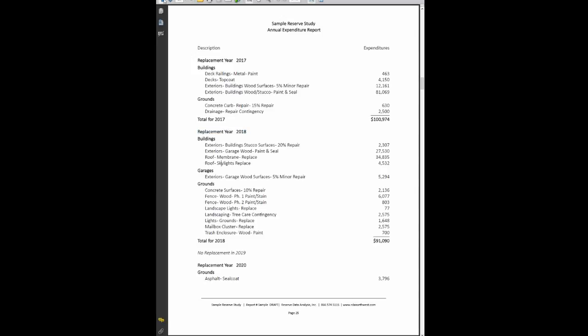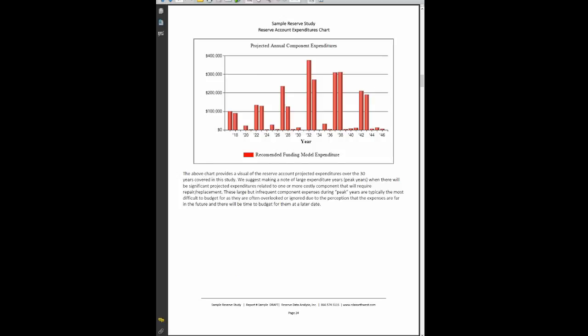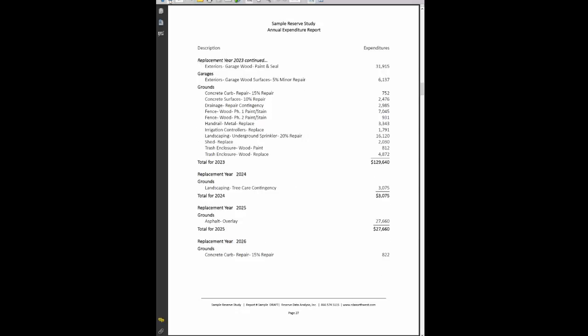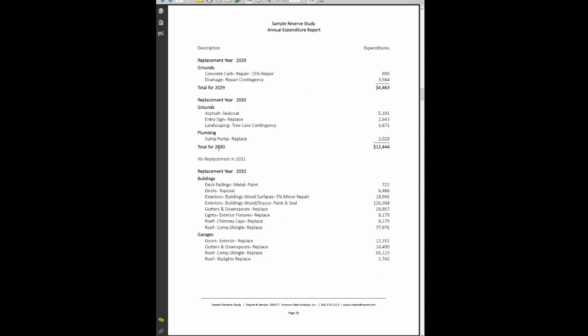You can also make note, in this case, we'll look at 2032. Say we have some very, very large expenses in 2032 for this particular community. We can go right down here, 2032, replacement year, and we can see exactly what's going on, why there's such large expenses in this particular year.